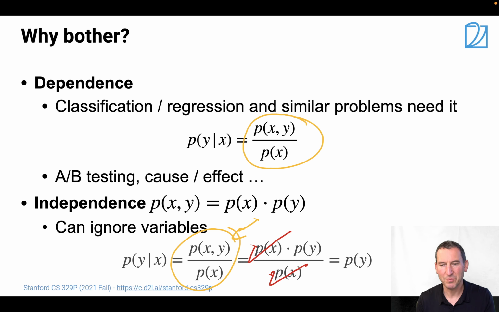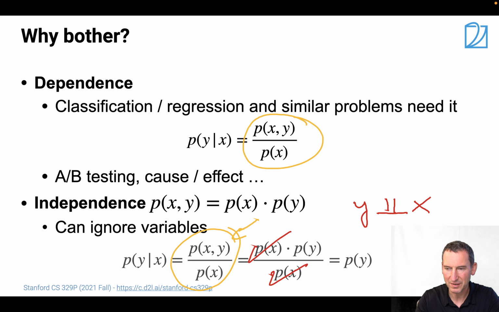In other words, p of y given x is the same thing as p of y. And that's exactly when y is independent of x. So in statistician speak, we often write this as y being independent of x.